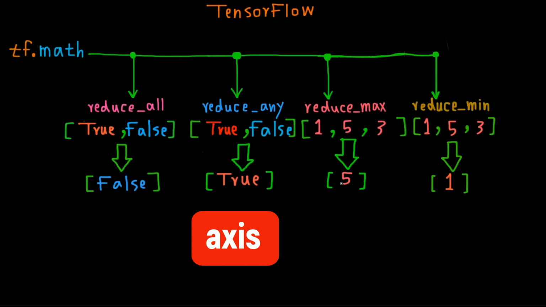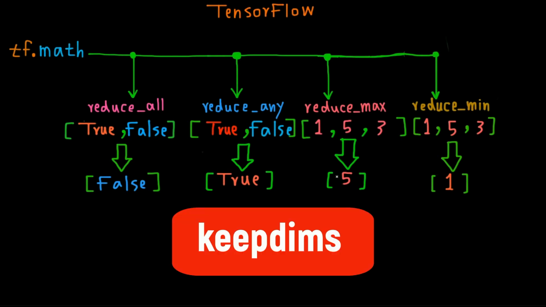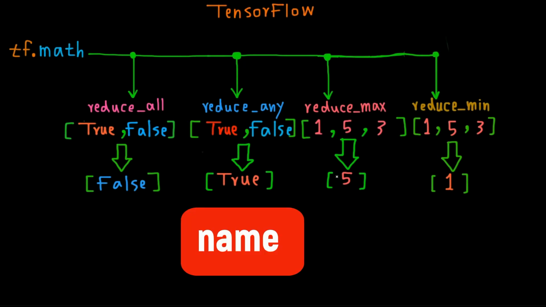And this argument must be in the range between minus rank of the input tensor and rank of the input tensor. The third argument is the keep_dims argument; if you set it to true, then the reduce_max function will return reduced dimensions with length 1. The last argument, name, is the name for the operation.